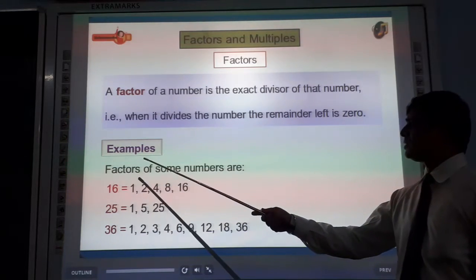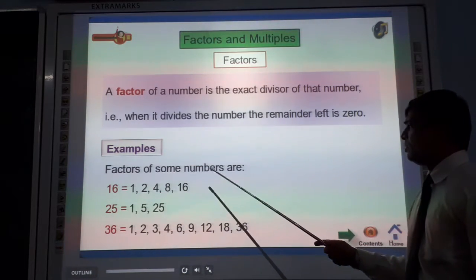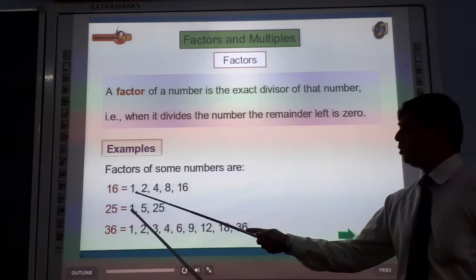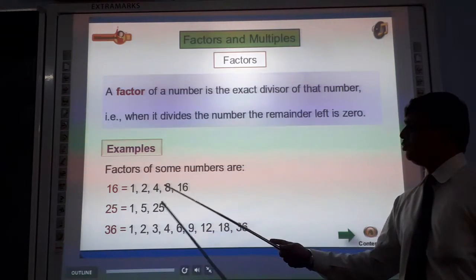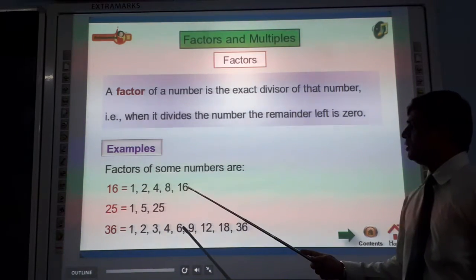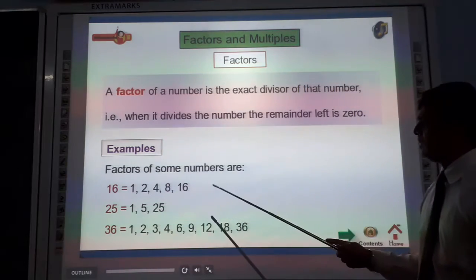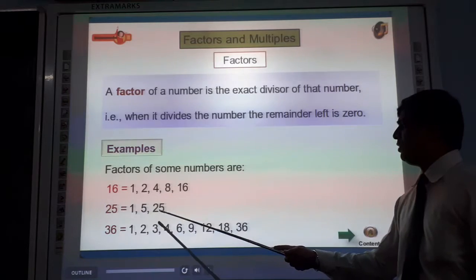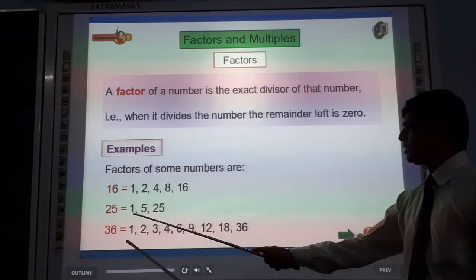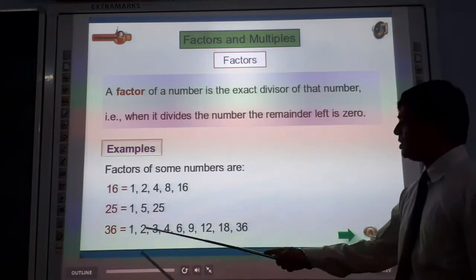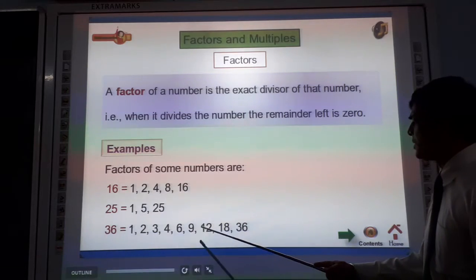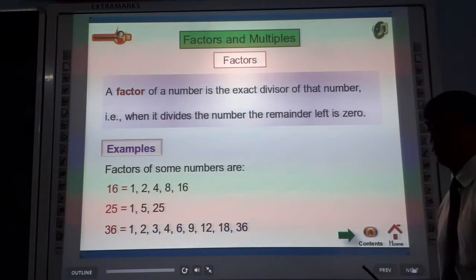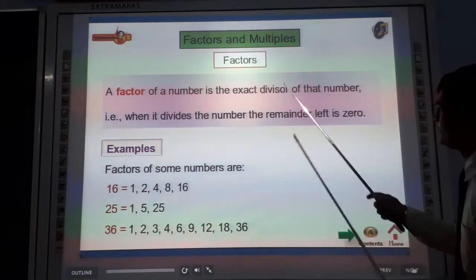For example, factors of some numbers are: 16 is equal to 1, 2, 4, 8 and 16. 25 is equal to 1, 5, 25. And last, 36 is equal to 1, 2, 3, 4, 6, 9, 12, 18, 36. Okay, look at this.